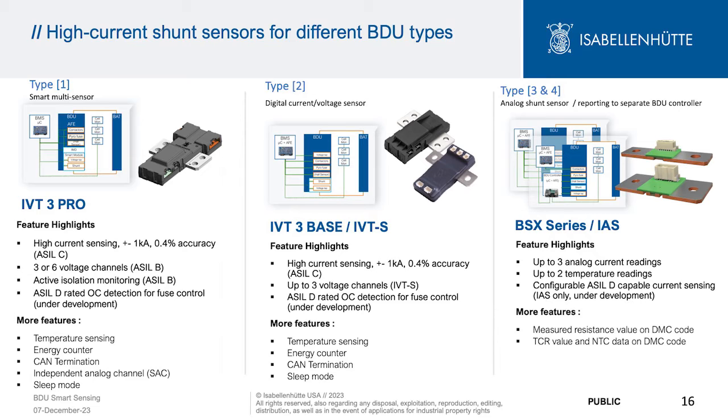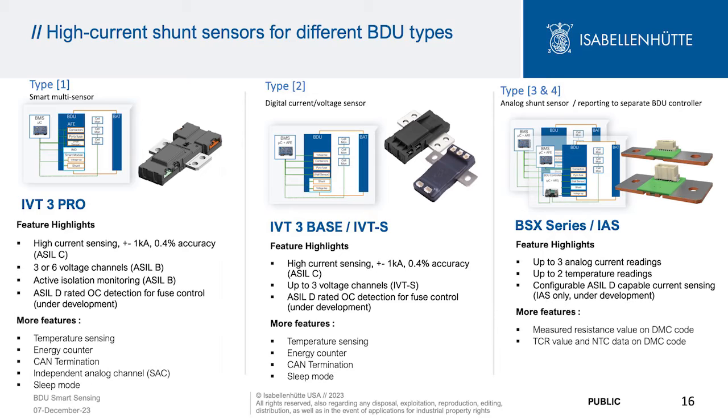Another feature highlight is an ASIL-D rated overcurrent detection for fuse control. This is currently under development and is a highlight that we want to add in the future, which actually enables the safety goal overcurrent detection for this product.